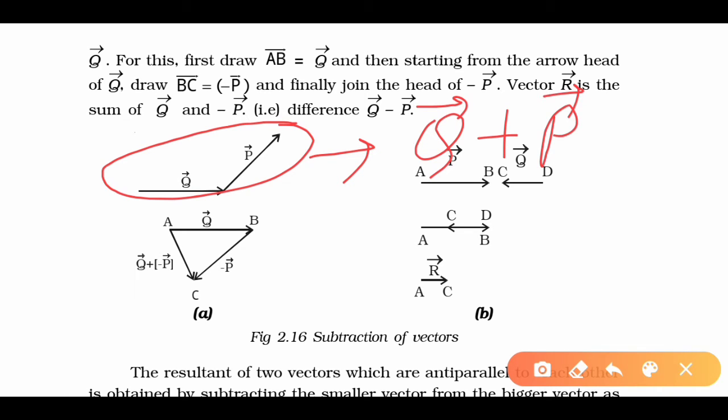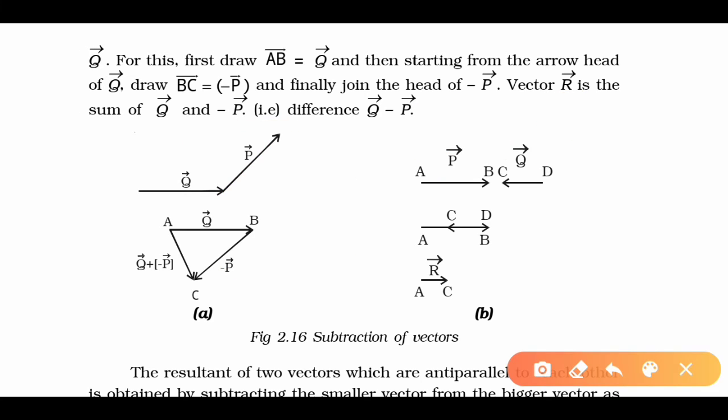Okay, so the direction of p vector, you can see in this direction, or negative p vector will be in the opposite direction, so we will denote it like this. Clear? So you can see it in this diagram. This one is negative p vector. Clear?